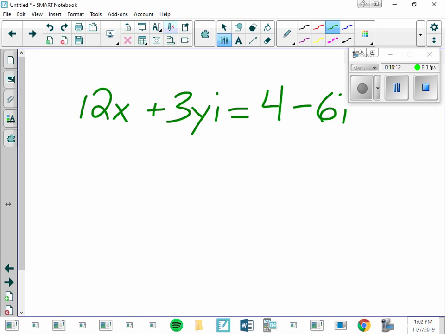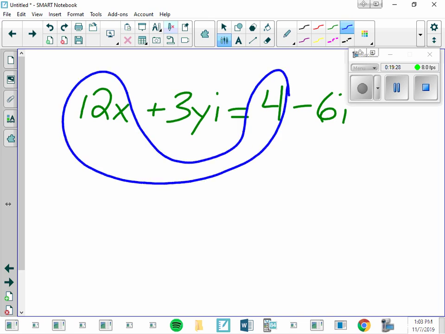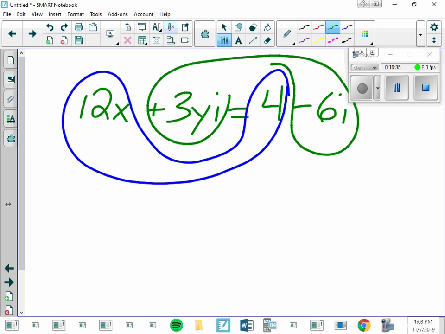We also can't mix our i's and our not i's. So we really have two parts hidden inside the same equation. This chunk contains no i's, and this chunk contains i's. So the question wants to know, what does x equal and what does y equal?